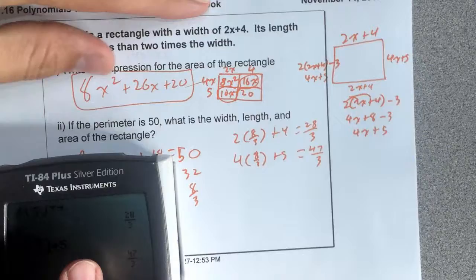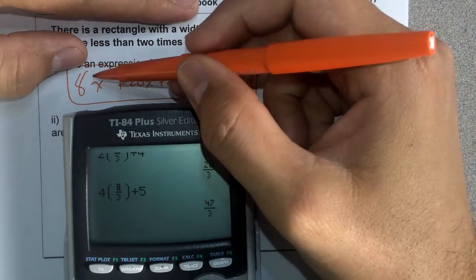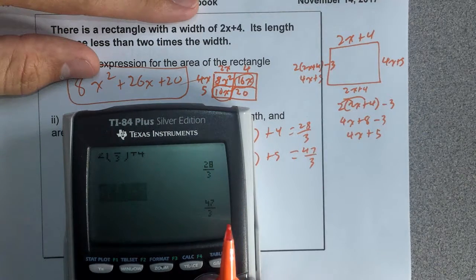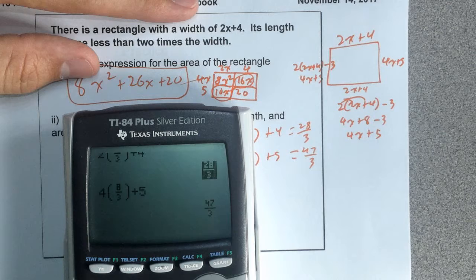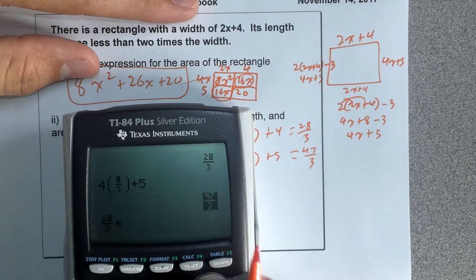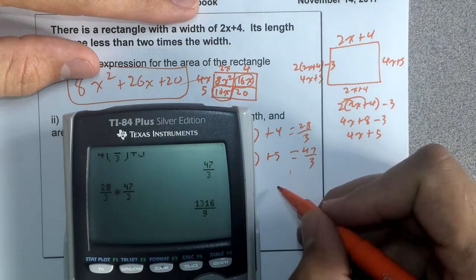And then my area, I'm going to plug that 8 over 3 into this expression there, or I could multiply these two. I guess I could do that. That times that, and that would be the area.